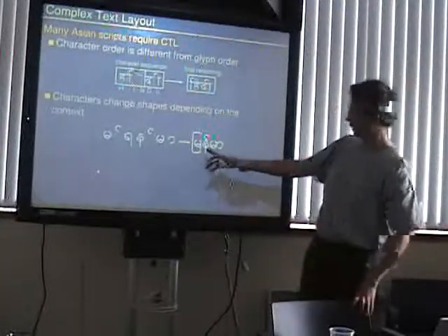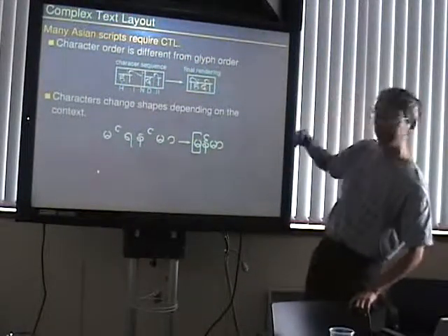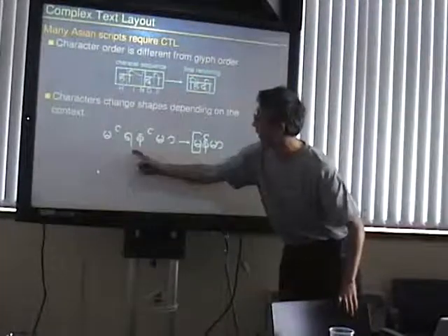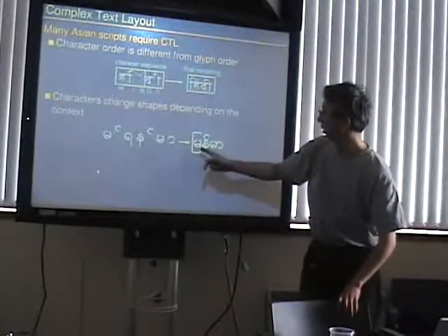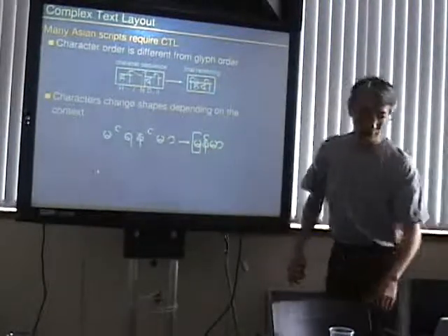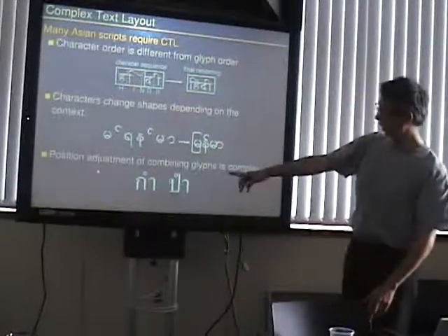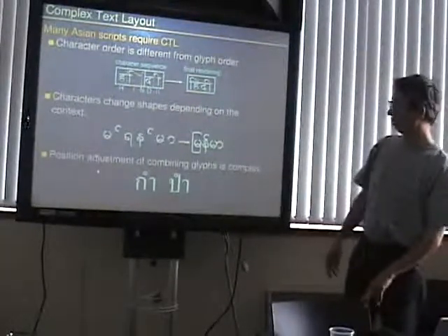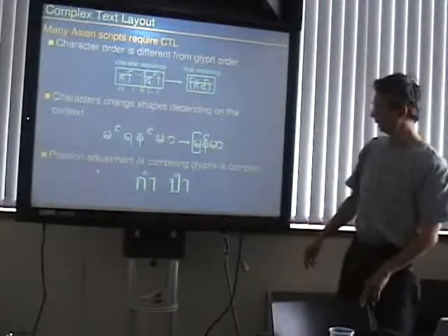For instance, this is the Myanmar case. So this part changes something like this. It must surround this part. This is the Thai case. The positioning of combining glyphs is very complex.